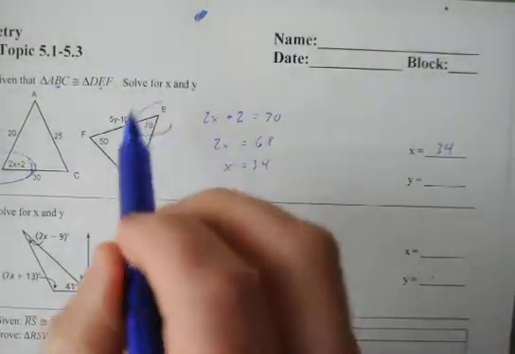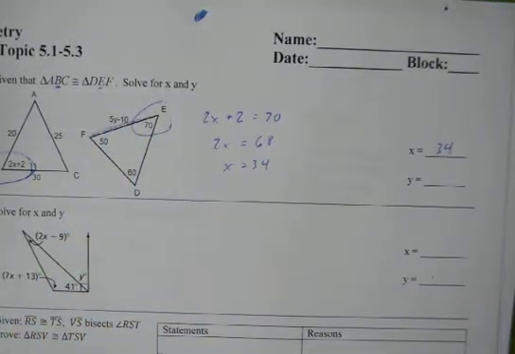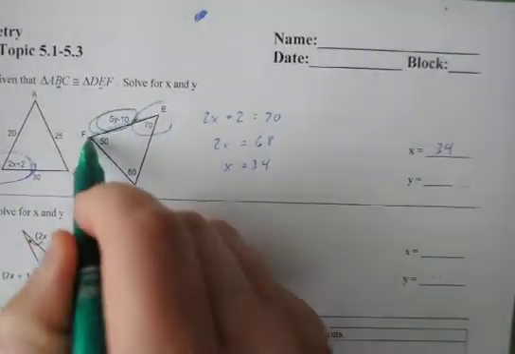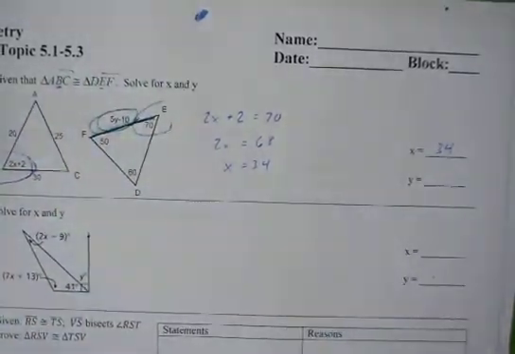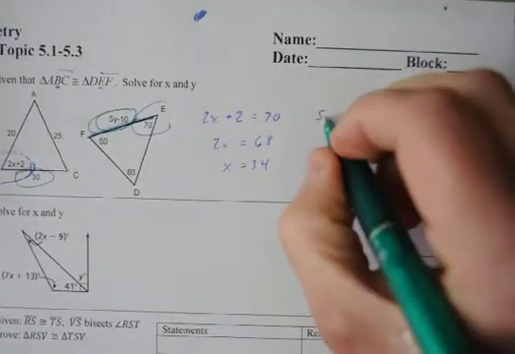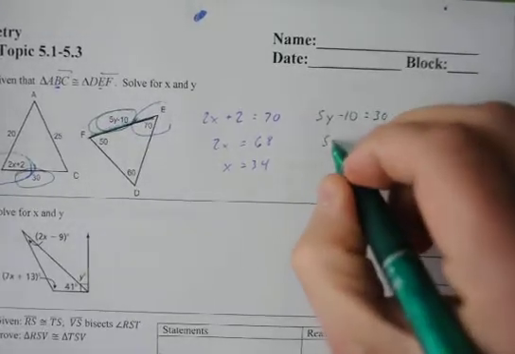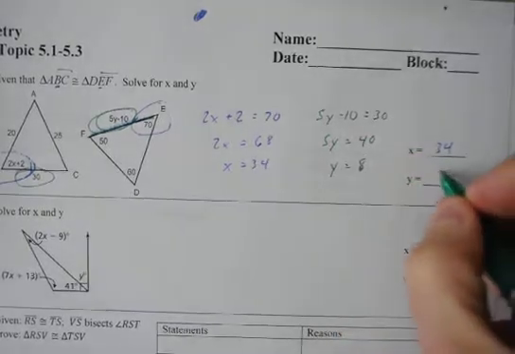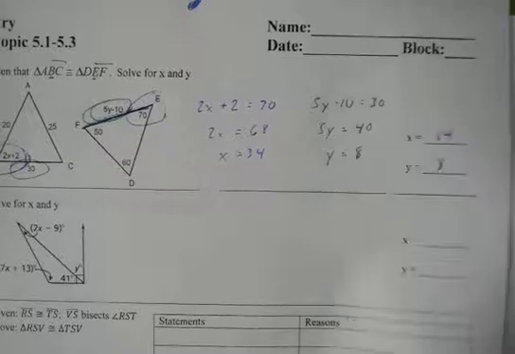Now we're going to match up, and I'll use a different colored pencil. 5y minus 10 is FE, and FE matches up with BC, so I'm going to match that up with the 30. Then work that out from there. Add the 10 over, and you get 8. Alright, next one.